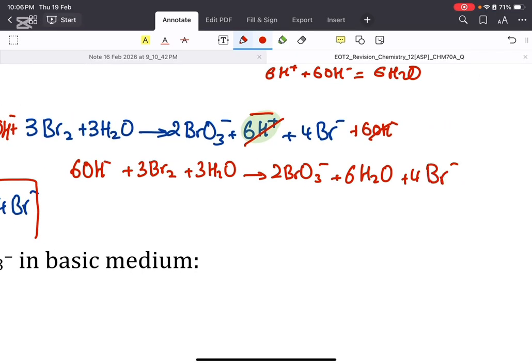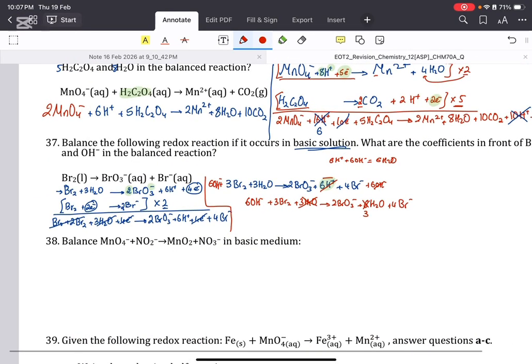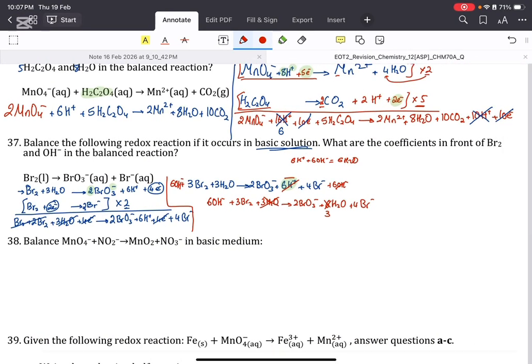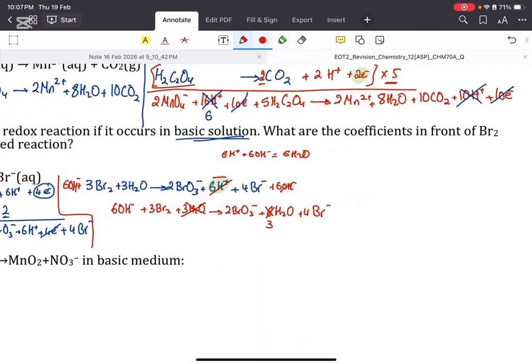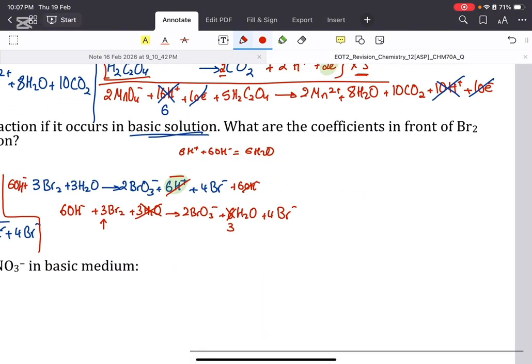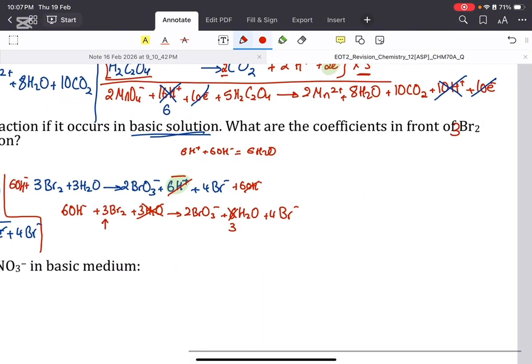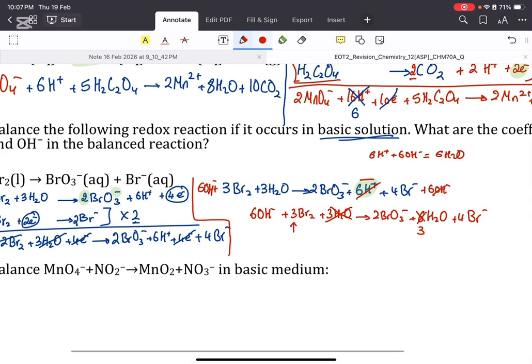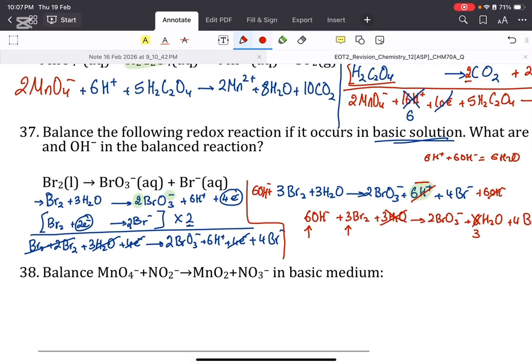Now 6H2O, 3H2O will cancel out, and from those 6, 3 remains. So the question was, what are the coefficients in front of Br2? It is 3, and in front of OH minus, it is 6.